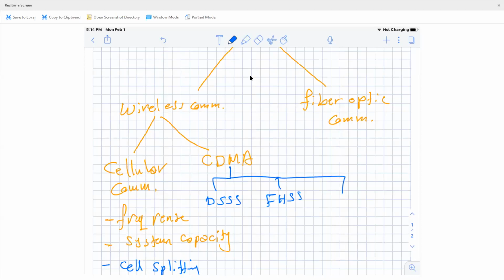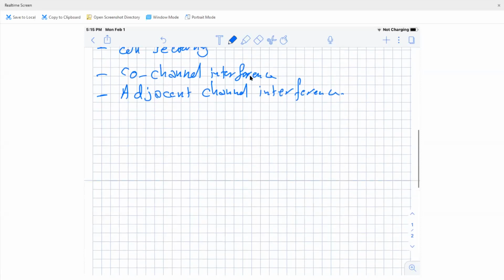Then, if you make a mix between direct sequence and frequency hopping, we have another kind called the hybrid system, hybrid spread spectrum. This is about the layout of the course.